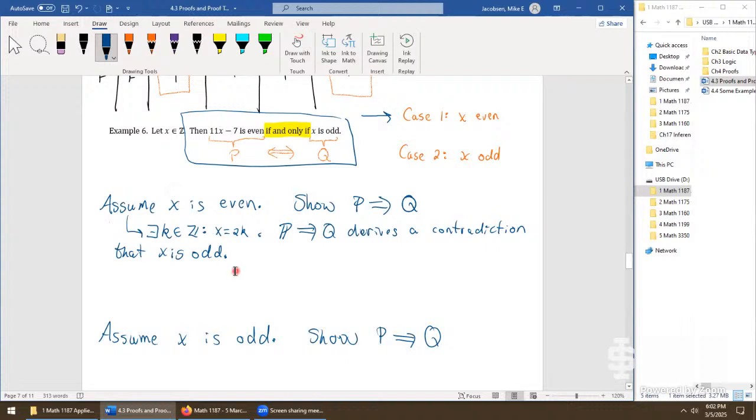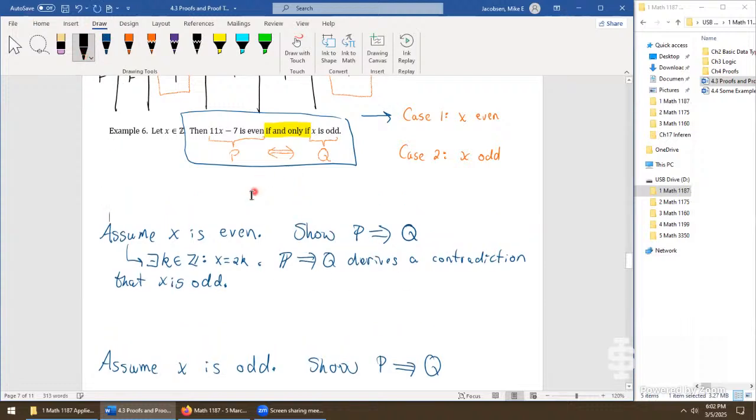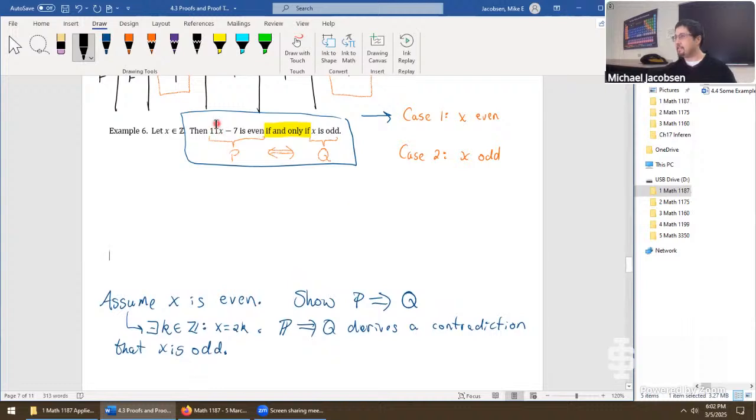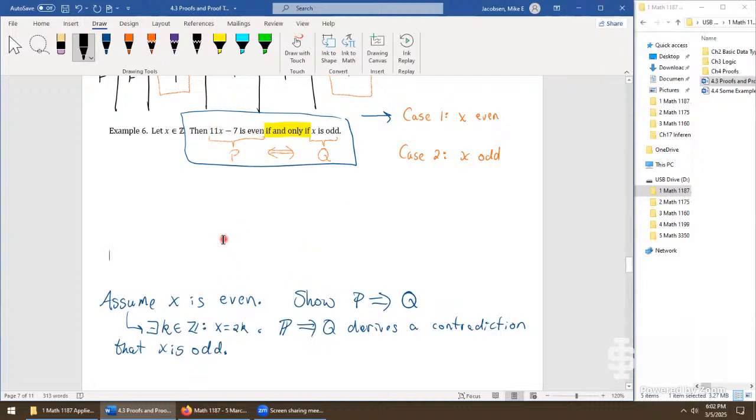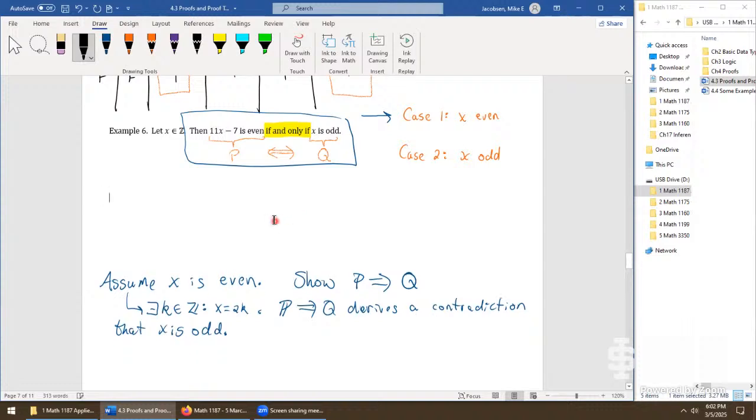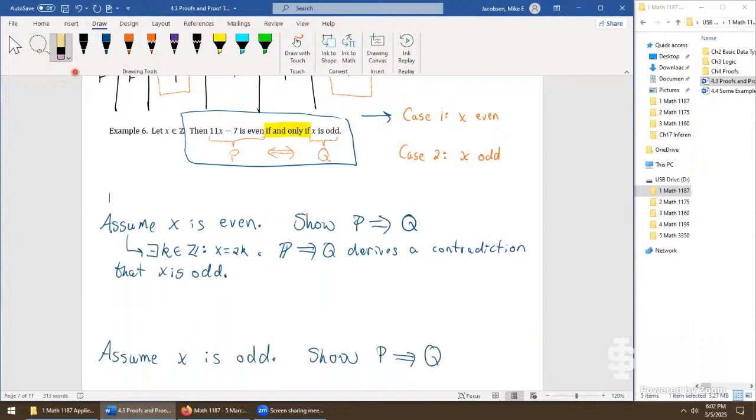Okay, I kind of see where you're coming from. Maybe I worded it wrong, the show P implies Q. I guess what I'm saying is if you plugged the 2K into the 11X minus 7 to show the even or odd of the result, you know what I'm saying? I think you could say that if X was even, then more than likely, from how we solved it before, it would result that 11X minus 7 would be odd.